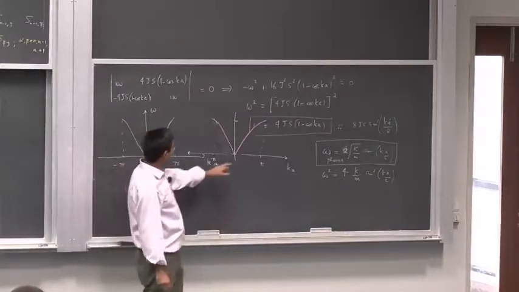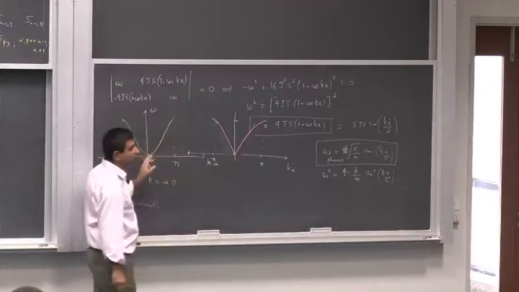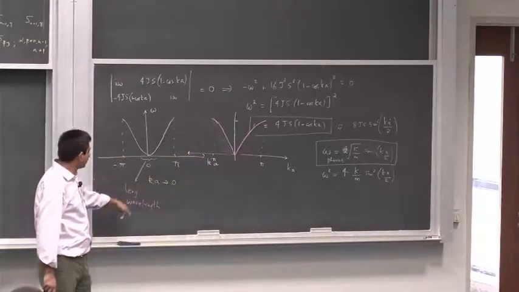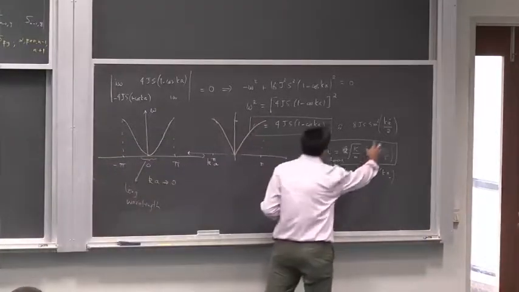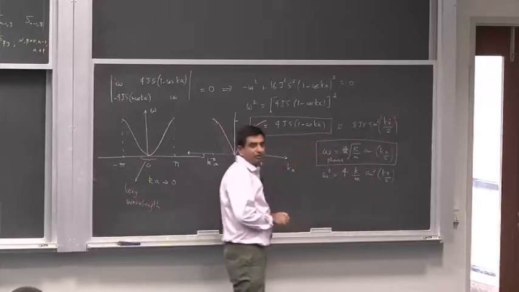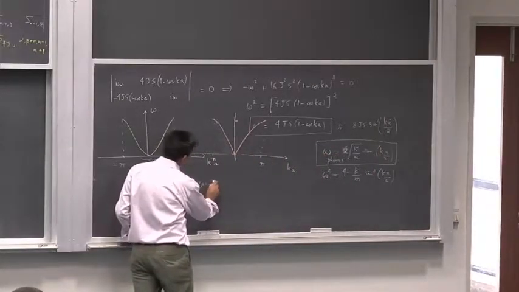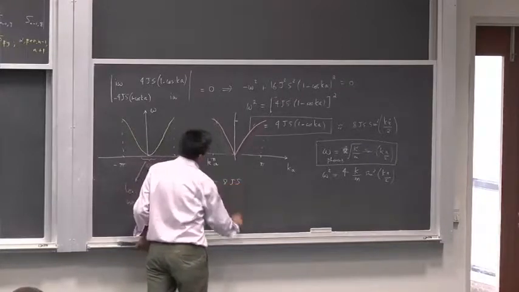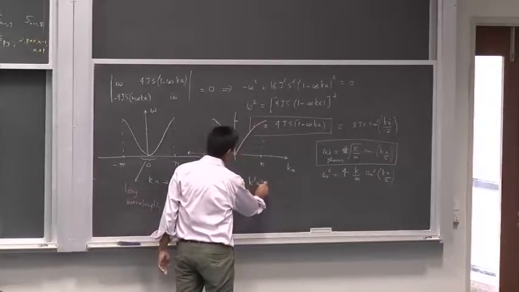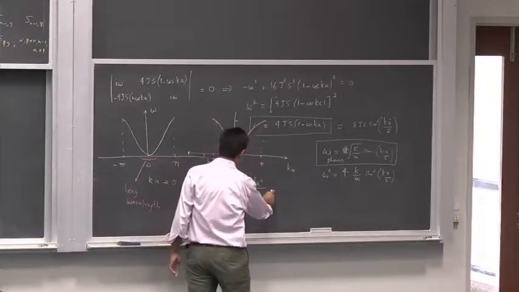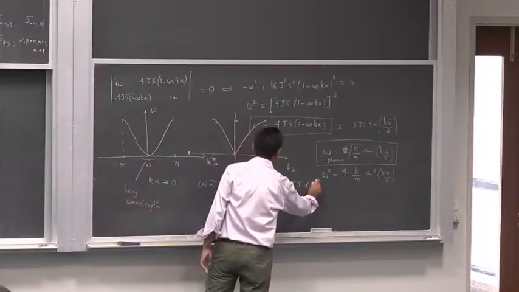Notice in the small wavelength regime, the slope here is going to be different from the slope here. In the long wavelength regime, Ka is small. When this thing is small, then our omega is almost 8Js. Now this is small, so I can replace this with K square A square over 4. This becomes 2Js A square K square.